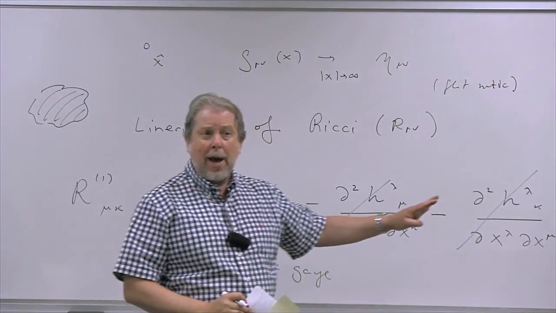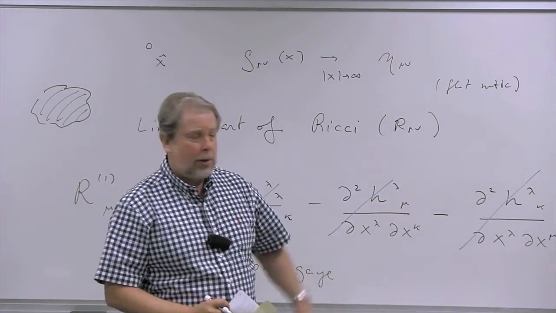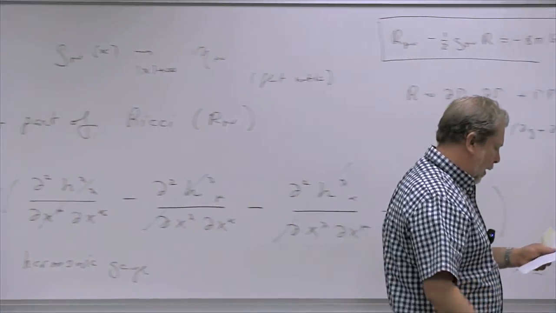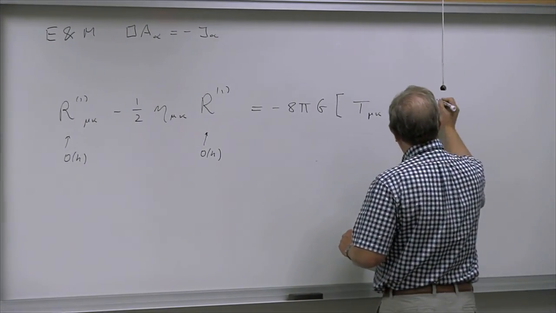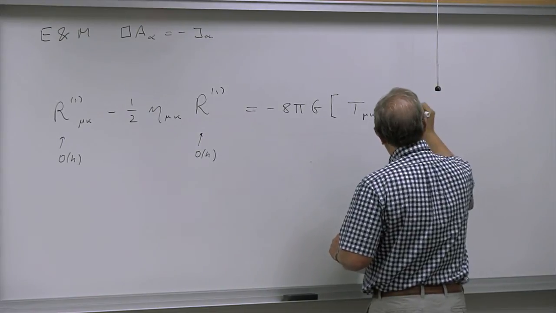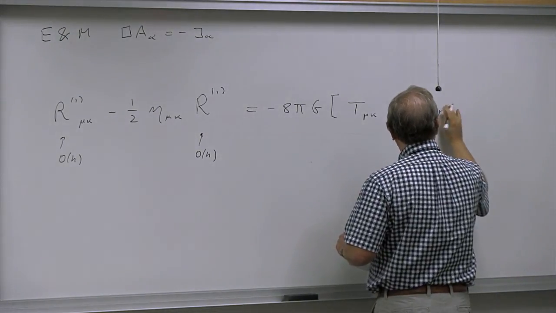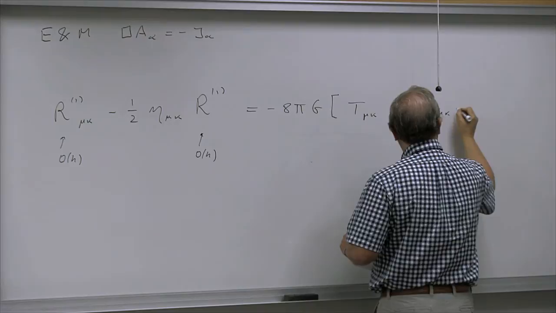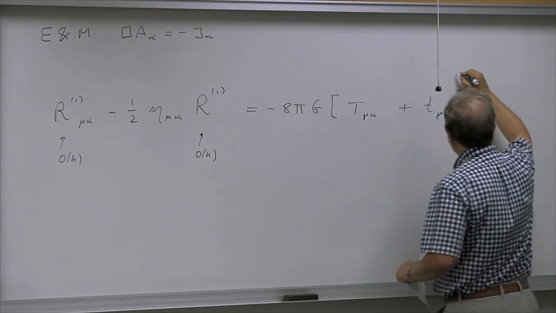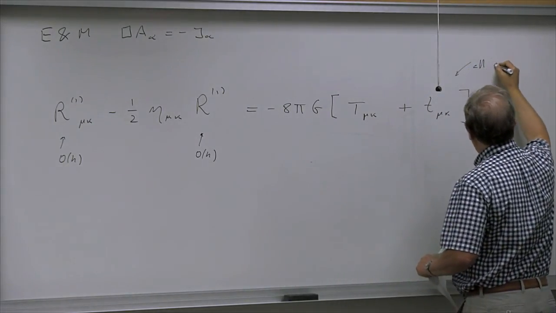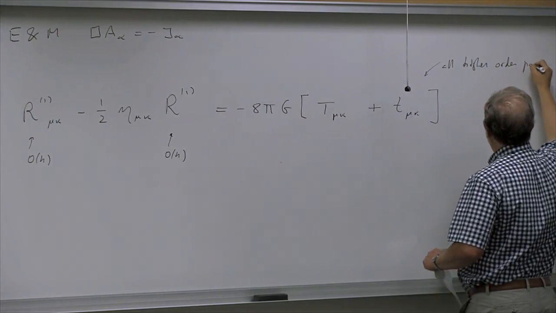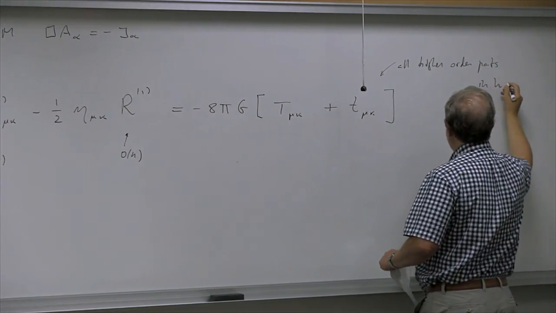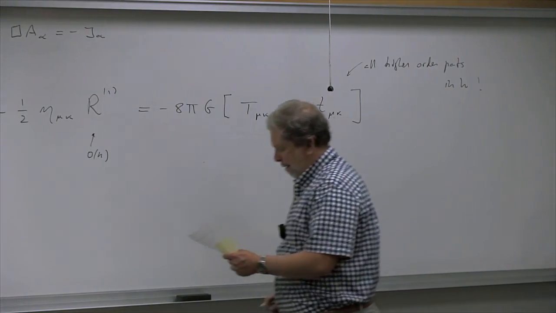Well, we have to add everything that we've left out to this stage, which is the higher order parts. So all higher order parts in h, we're going to call them T mu k.